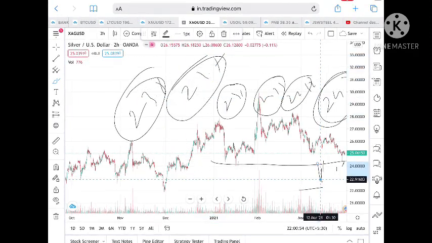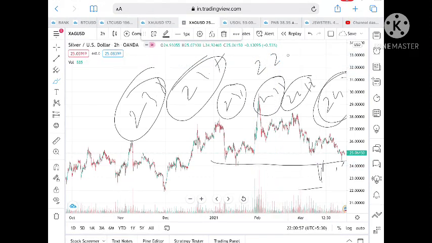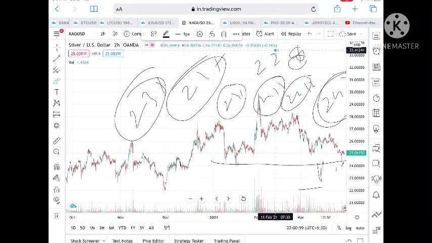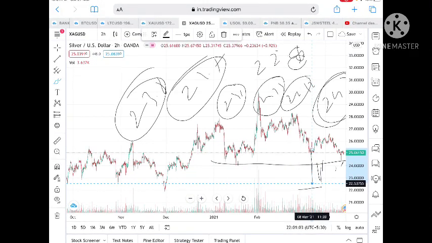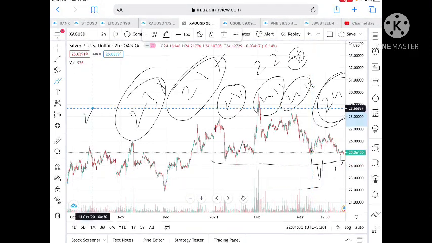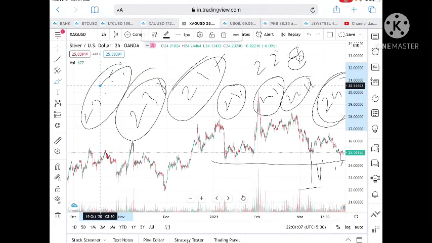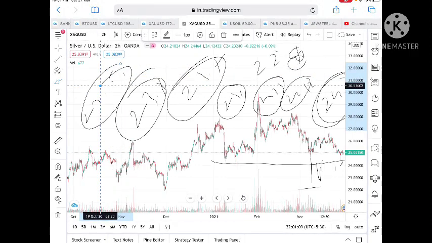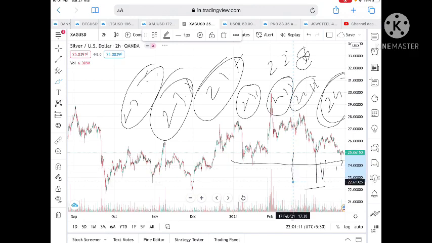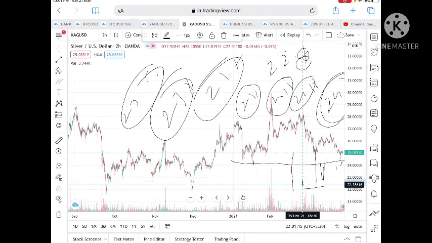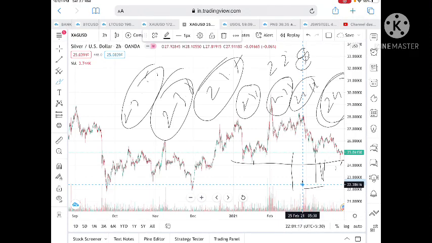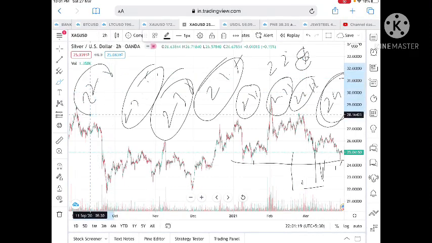Once 23.5 is touched, the next level is around 22.8. Once 22.8 is touched, the next immediate support is around 22.53. Once 22.53 is touched, the next target is around 22.38. Once 22.38 is touched, the next target we will be looking at is around 21.88.